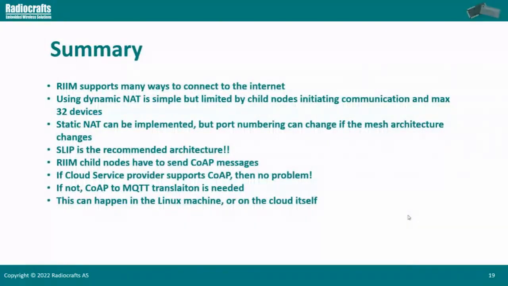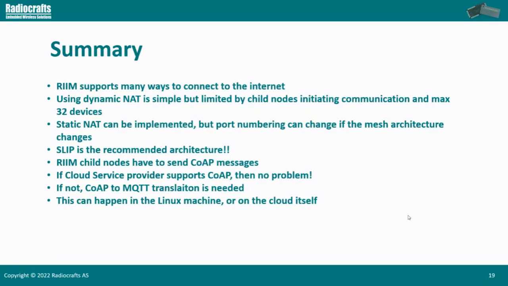So I'm right on time, and just took 2 extra minutes of your time, but that's it. So what did we discuss now again? Very quickly, we spoke about different ways that RIIM can be connected to the internet. We spoke about dynamic NAT, where you can always initiate from the child node to the server. Then the server has to reply quickly with an acknowledgement, because entries into the dynamic NAT table are erased after 5 minutes.